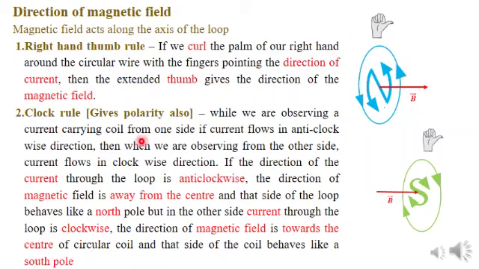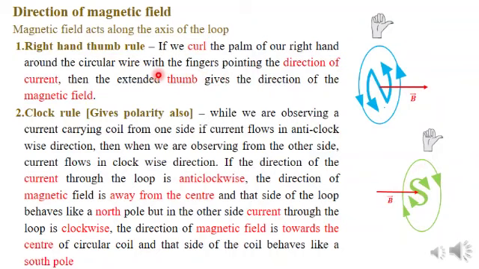Now we can discuss the direction of the magnetic field produced by a current carrying loop. We know the magnetic field acts along the axis of the loop. To get a clear picture regarding the direction, we can use two rules. The first one is the right hand thumb rule.